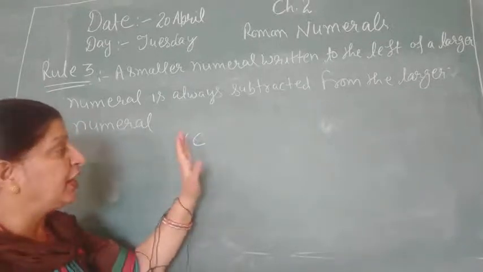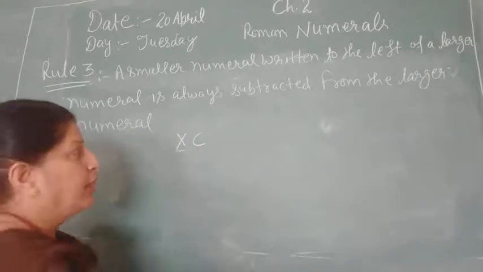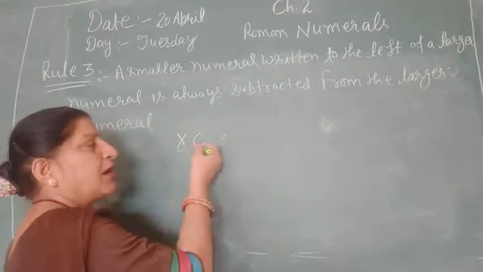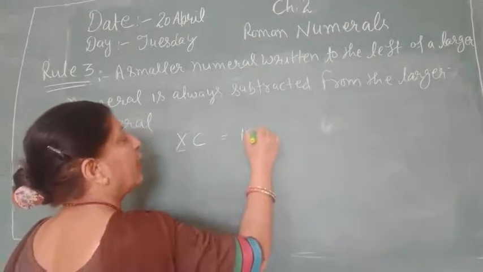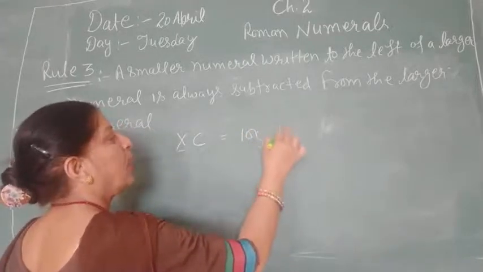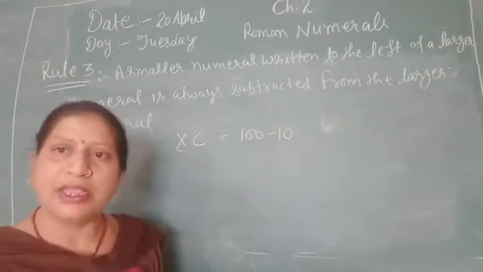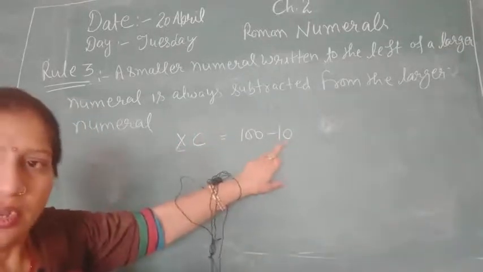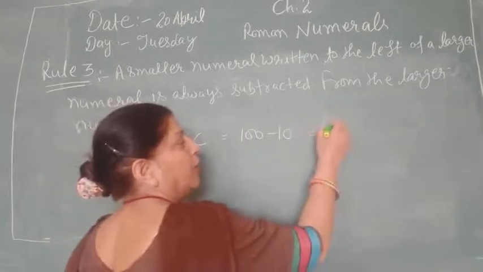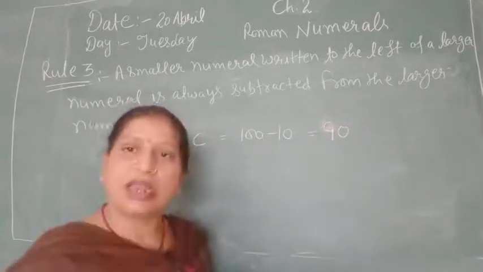Because the smaller number comes before the bigger number, we have to subtract the smaller number from the bigger number. C is 100, X is 10, so our number becomes 90.